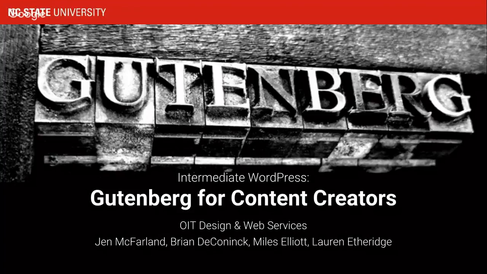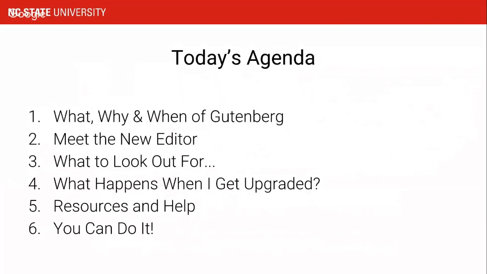So let's talk about Gutenberg and what that means for WordPress. On today's agenda, we're going to talk about the what, why, and when of Gutenberg. We're going to spend some time meeting the new editor, and I'm going to highlight a few things that we found in our user testing that you're going to want to keep an eye out for.